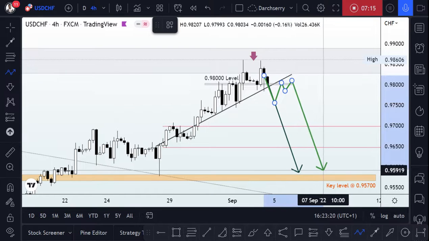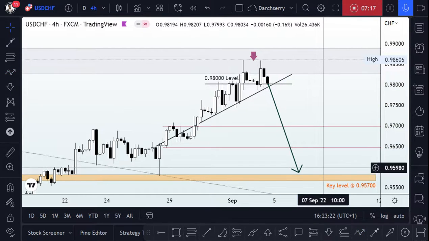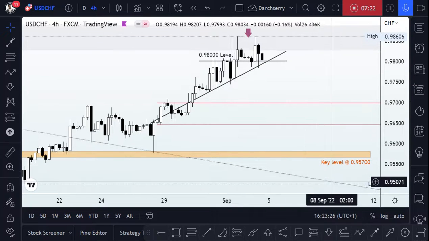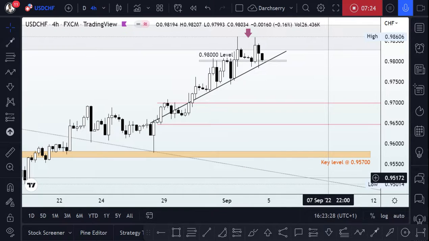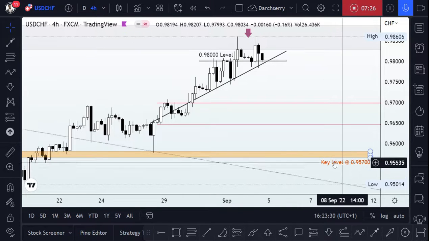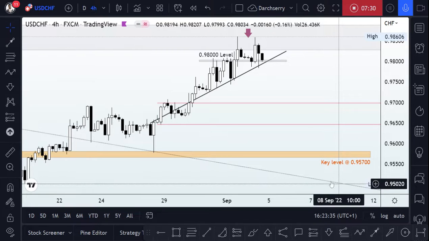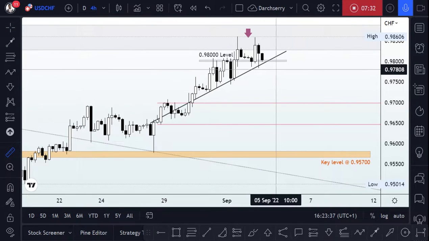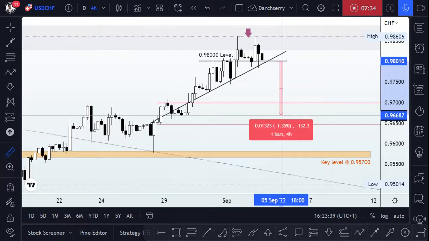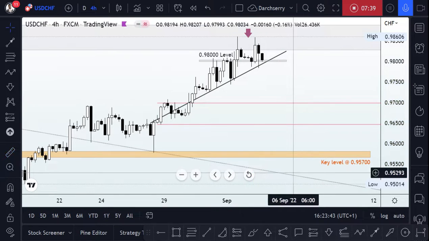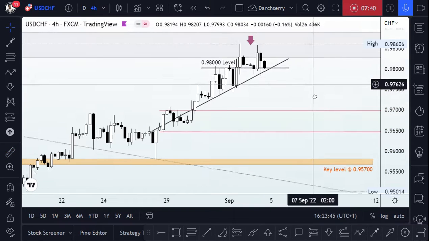Then I will be joining the decline to the downside with the take profit target somewhere around the key level struck by the bearish trend line we identified on the daily time frame. So we have somewhere around the 0.95700 area and the 0.9500 area as a take profit target zone, which will translate to about 200 to 250 pips to catch here on the USDCHF.